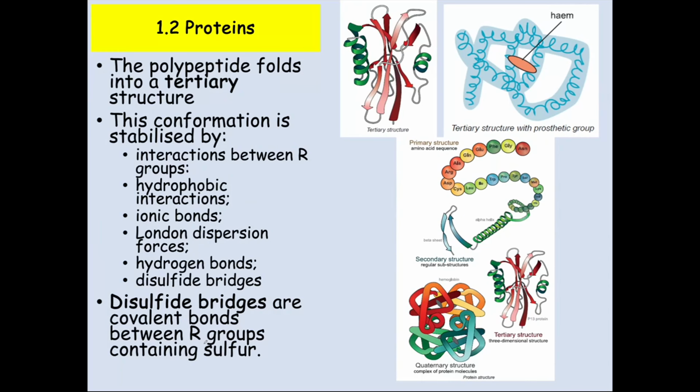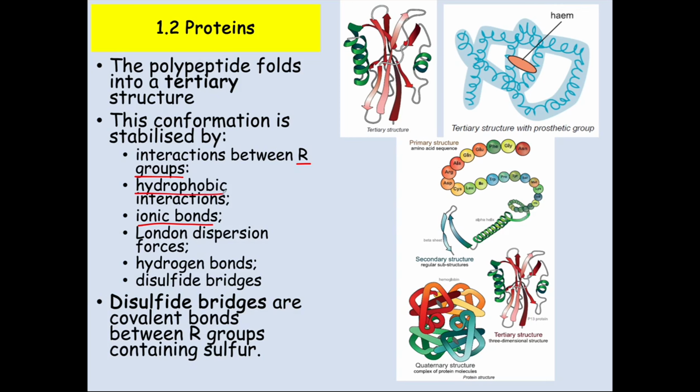The peptide will continue to fold until it eventually achieves a tertiary structure, and we can see again what a tertiary structure looks like in these diagrams at the top here. And that conformation, that shape that the protein takes, is stabilized by a number of things, which include interactions between our R groups. So, for example, our basic and acidic R groups will interact with each other to form ionic bonds.